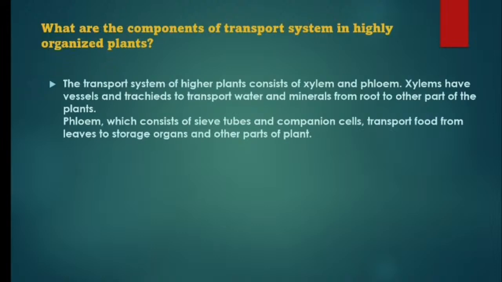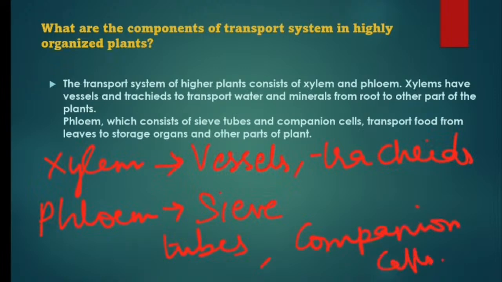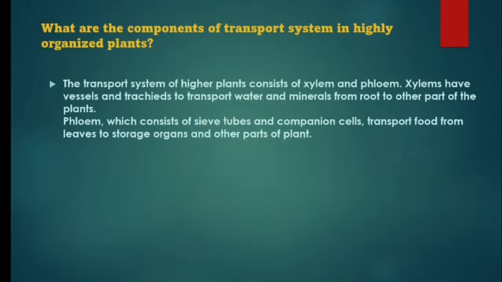Now you all know that the 2 main complex tissues which are present are xylem and phloem, and you have to write that xylem components are vessels and tracheids, which help in the conduction of water, and phloem has sieve tubes and companion cells that help in the translocation of food from the region of production to the region where it is necessary. Alright, so what are the two components?